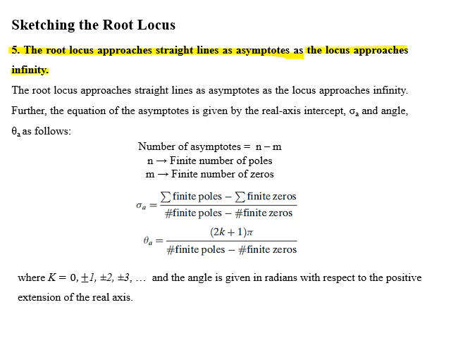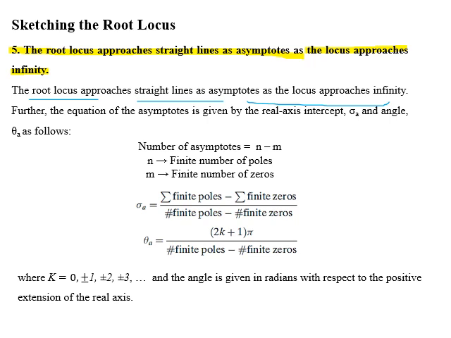Students, this rule defines the path through which the poles approach infinity, or if zeros of the open loop system lie at infinity, then asymptotes will define their path, how they will approach infinity.